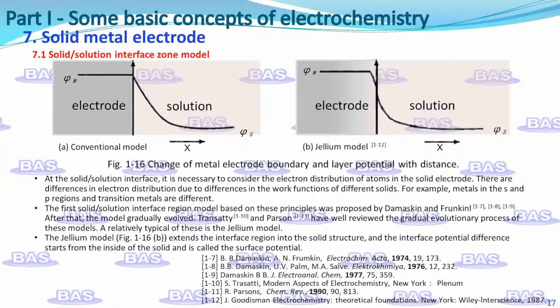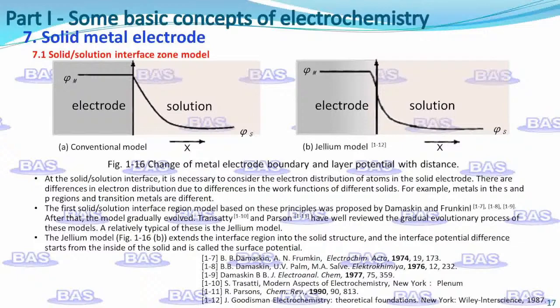The first solid solution interface region model based on these principles was proposed by Damaskin and Frumkin. Subsequently, the models evolved gradually. Trasatti and Parsons have well reviewed the stepwise evolutionary process of these models. A relatively typical one of these is the Jellium model.